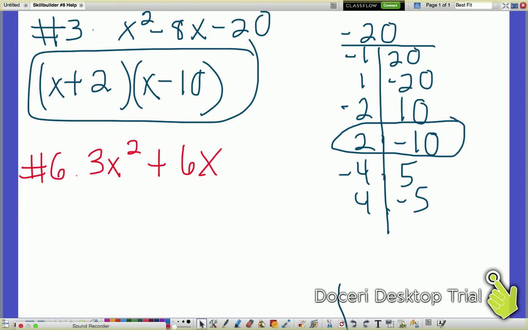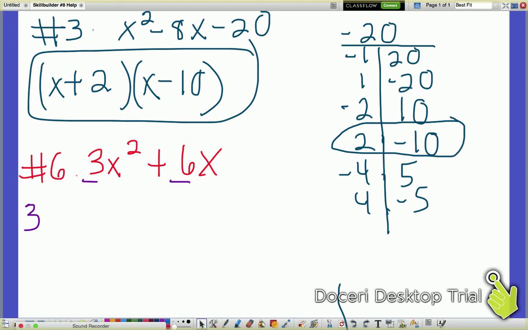Okay, what's the highest coefficient? What's the highest x value? I always start with the numbers first. I look at 3 and 6. What's the highest number I can take out of both? Well, I can take a 3 out.